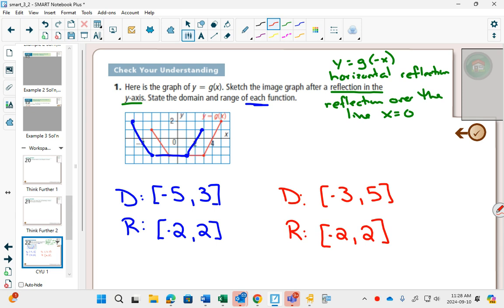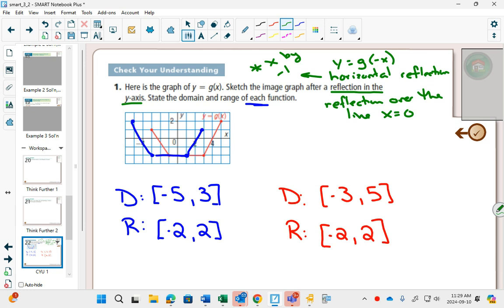And I want you to notice something in the domain and range. I want you to notice first that the range did not change. Can you see that? Does that make sense? Because if we do a horizontal reflection, what does it do algebraically? It multiplies your x by a -1. Does it do anything to the y values?